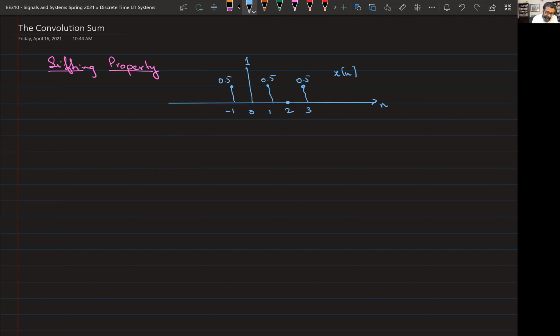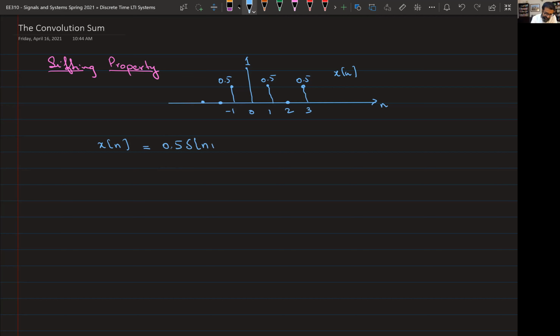Now, can I write this x of n as a train of impulses? Can somebody help me here? And all places else this is 0. Can x of n be written as a train of impulses or some summation of impulses? Sir, Ji, Daniel. Sir, 1/2 delta of n plus 1.